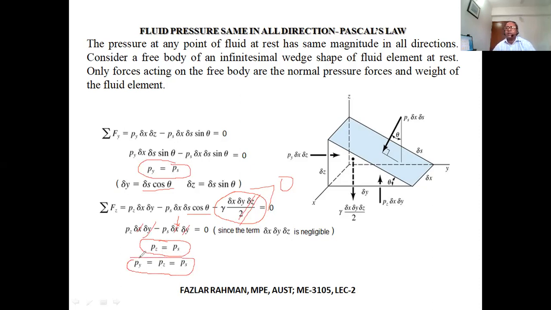So finally we are getting Py equal to Pz equal to Ps. That means the amount of pressure working at a point is the same in all directions. And now what are we sacrificing here? The weight of the fluid element we are neglecting. So we are not getting a 100% accurate result, right?